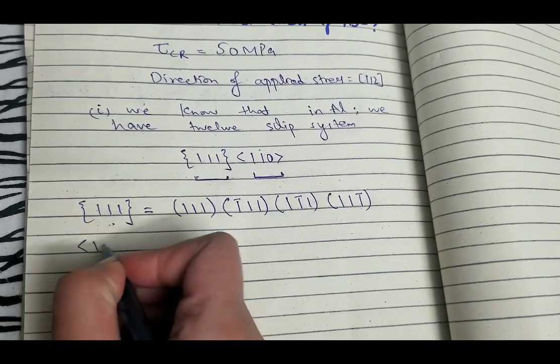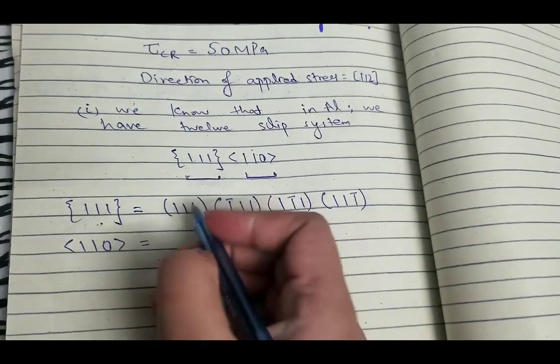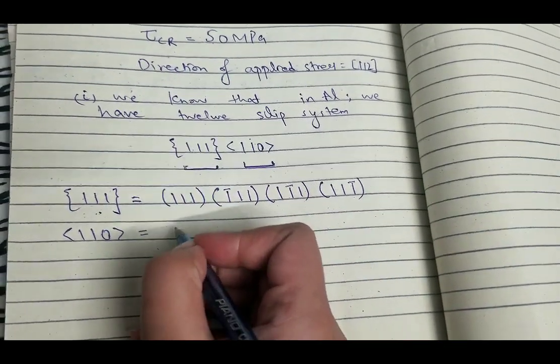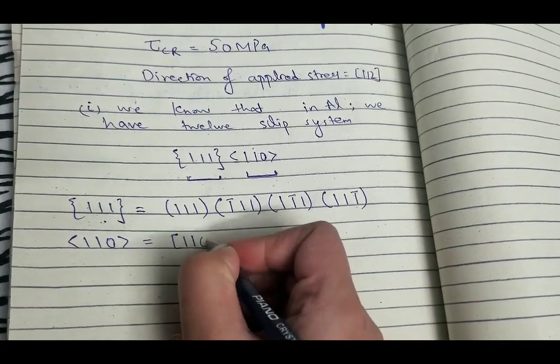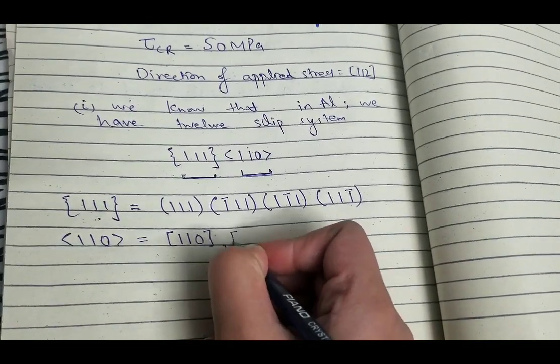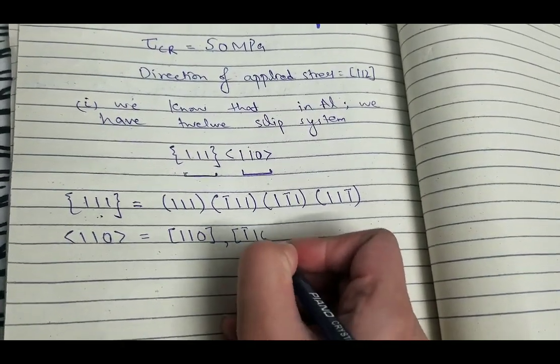Now we are going to write the possible slip directions. The first is 110, the second is 1 bar 10.